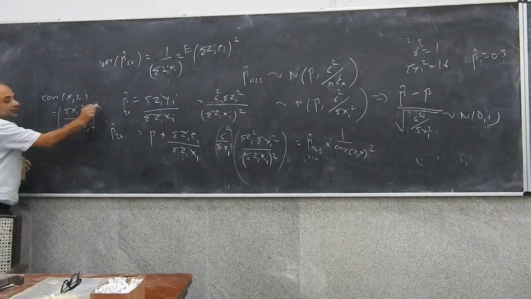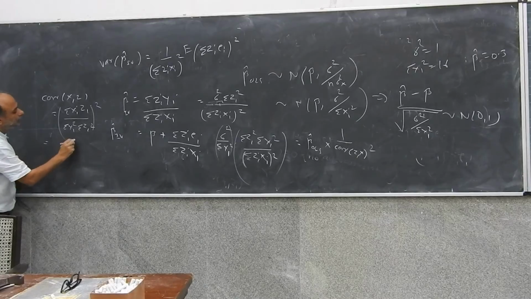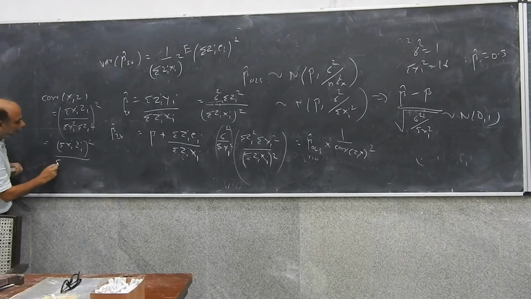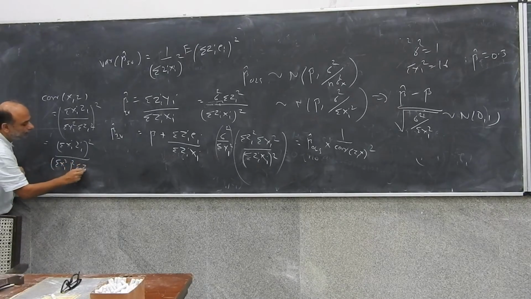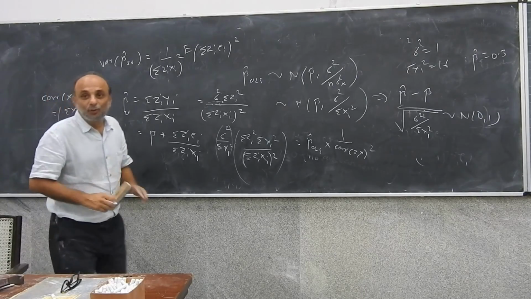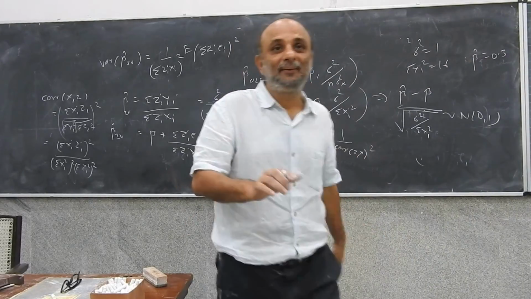If I square this, what will I get? Summation xi zi, the whole square, upon summation xi square, summation zi square. The correlation is covariance xz upon the standard deviation of x into the standard deviation of z. If I square this, I get this as 1 upon correlation zx square.